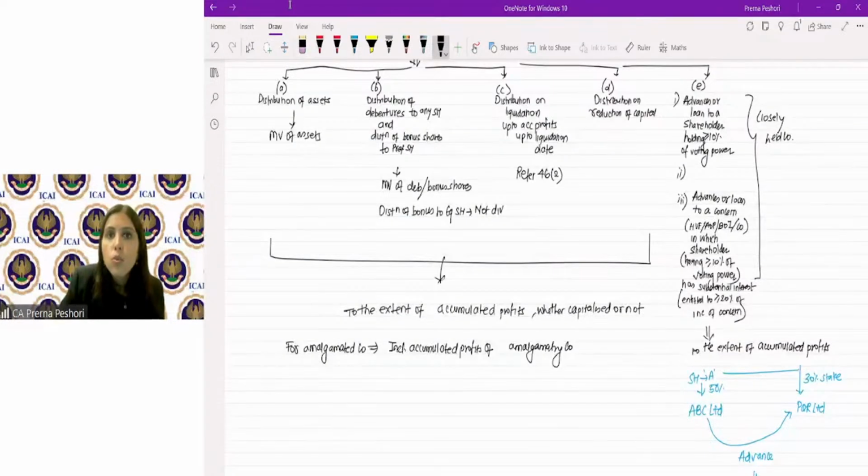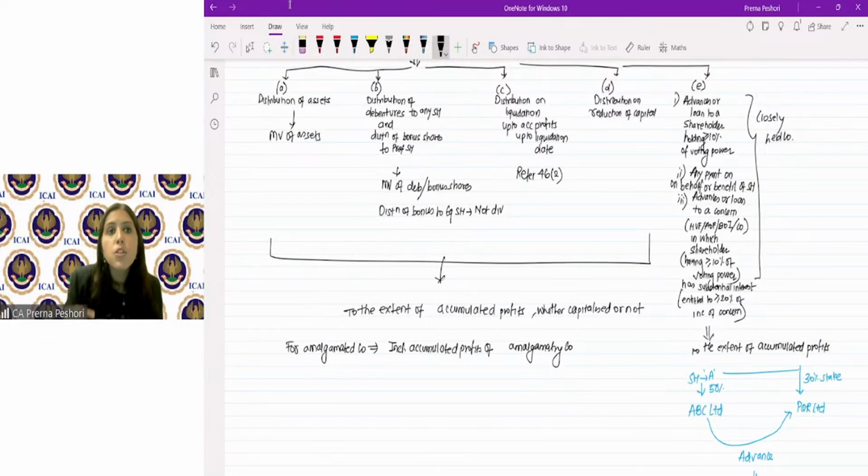So 222E also includes any payment on behalf of or for the benefit of the shareholder.